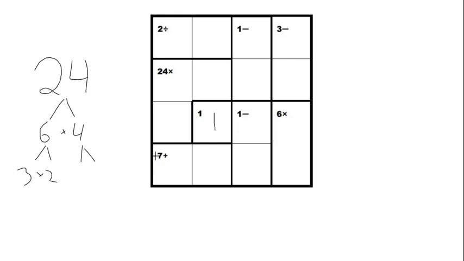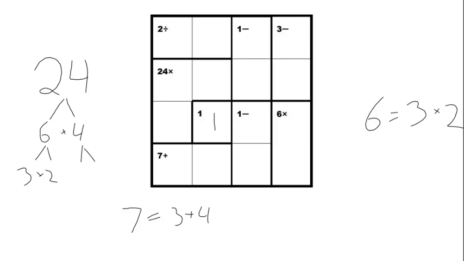Right here, we have that 7 plus. So 7, you get that from adding 3 and 4. So there's no way we can use anything else. We've got to use 3 and 4. 6 by multiplication, that could be only 3 times 2. There's no other way around that one.